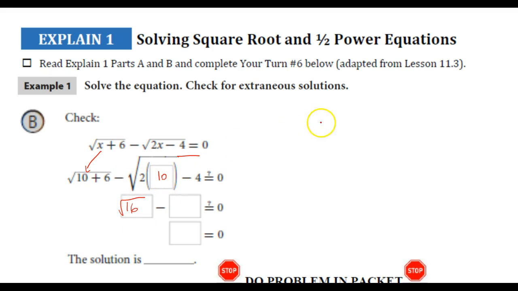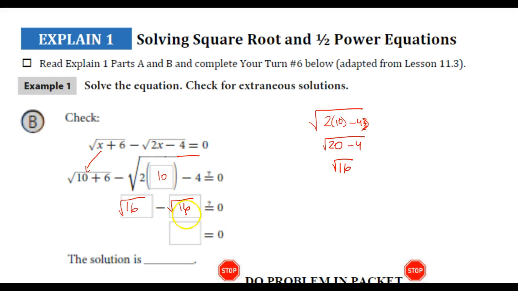And then let's work this out a little bit. 2 times 10 minus 4. What's 2 times 10? Okay. If I take away 4, what would that be? 16, right? So essentially I have the square root of 16 take away the square root of 16.